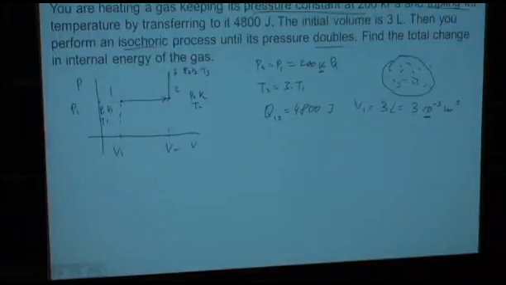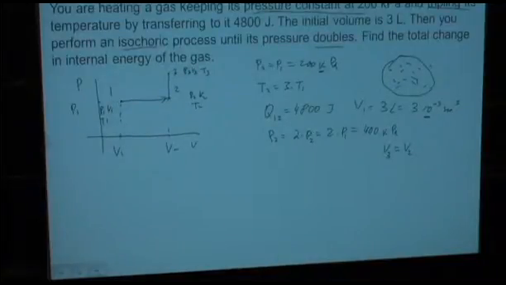And the pressure doubles. So this pressure equals 2 times this pressure, which is 2 times this pressure because second equals first, which is actually 400 kilopascals. And the V3 will be equal to V2 because that's an isochoric process.